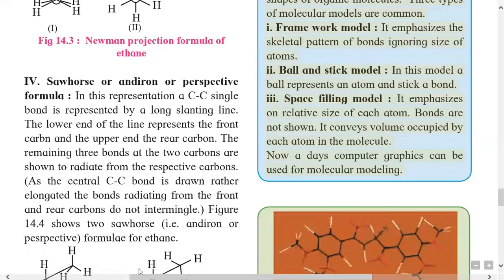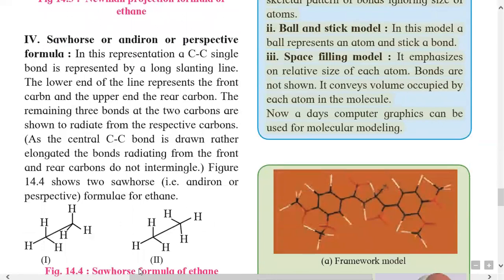Then the fourth way to represent the three-dimensional geometry of a molecule on the plane of paper is called the sawhorse formula, also called the Enderon formula, or the perspective formula. In this representation, again a carbon-carbon single bond is represented by a long slanting line.